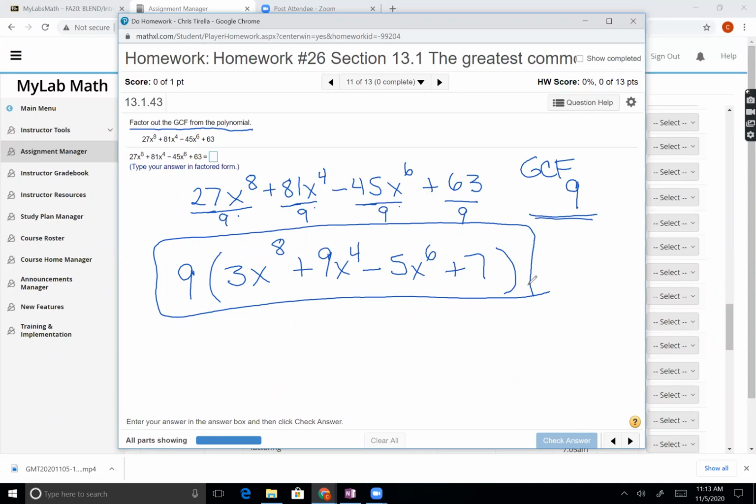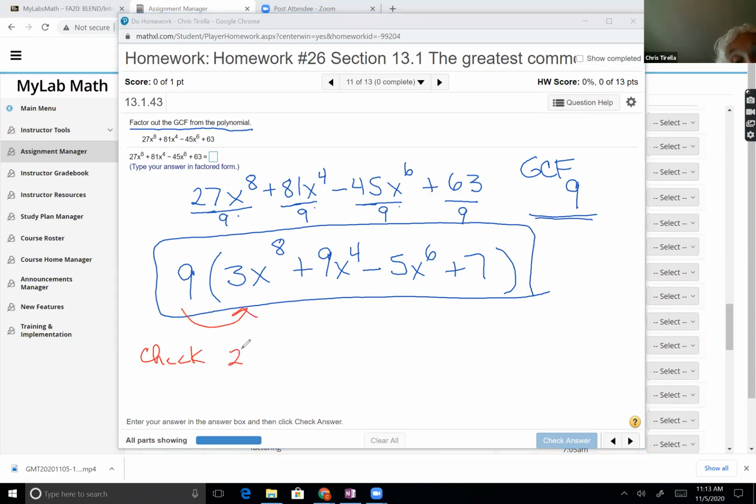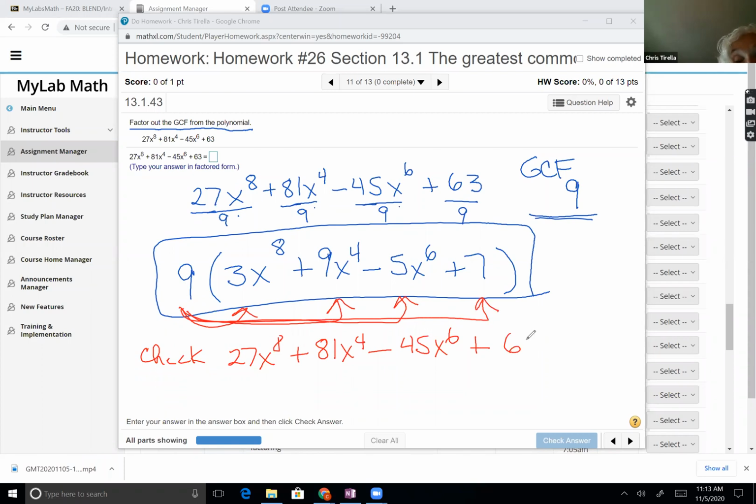And if we do a check, we could do a check here by multiplying it back out. 9 times 3 is 27x to the 8th plus 9 times 9 is 81x to the 4th minus 9 times 5 is 45x to the 6th plus 9 times 7 is 63.